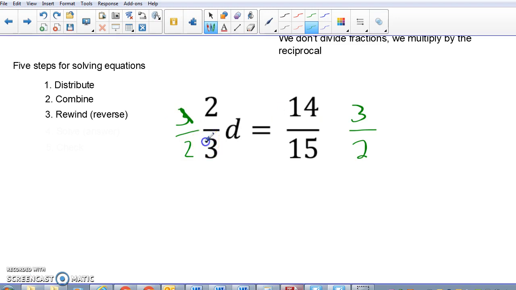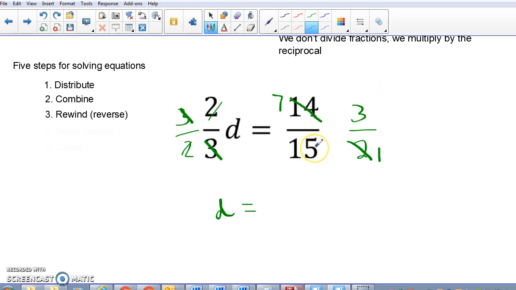Okay, this cancels. This cancels. They equal 1. 1 times D is D, equals 14 fifths times 2/3. Up top, 2 is divisible by 2. 14 is divisible by 2. So I'm going to cancel these. So 14 divided by 2 is 7. 2 divided by 2 is 1.